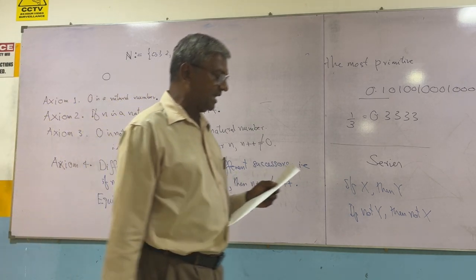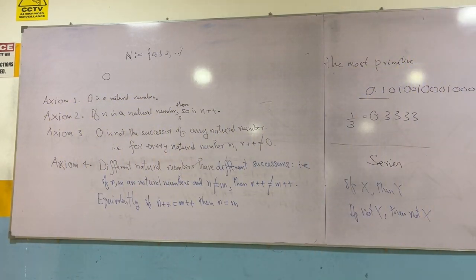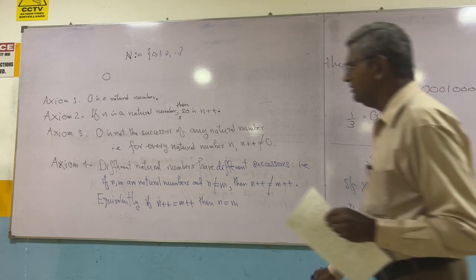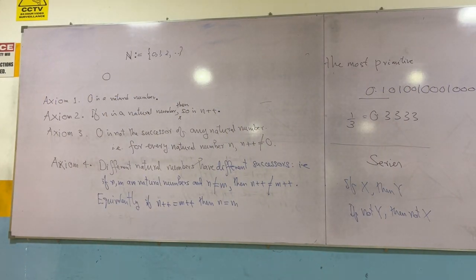Okay, proposition I have here. I will not write it on the board, but he wants to prove 6 is not equal to 2. He is proving it.